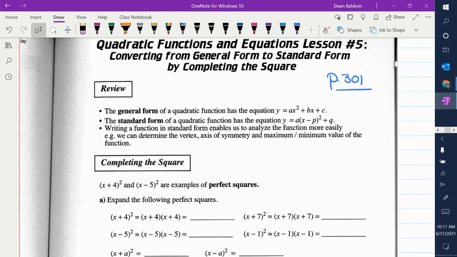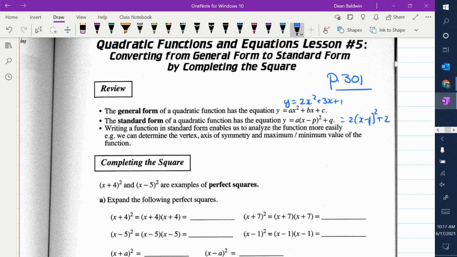There's two forms to write a polynomial or quadratic. We have the general form, ax squared plus bx plus c, which is something like 2x squared plus 3x plus 1. And then we have the standard form, which is a(x minus p) squared plus q, like (x minus 1) squared plus 2.